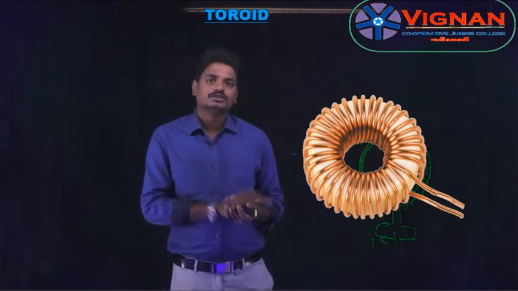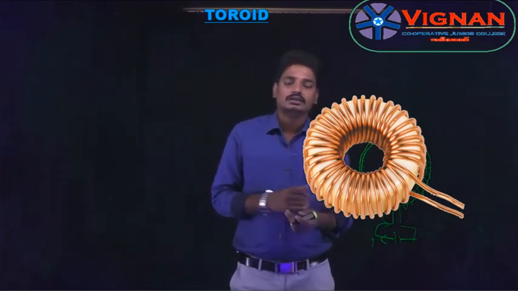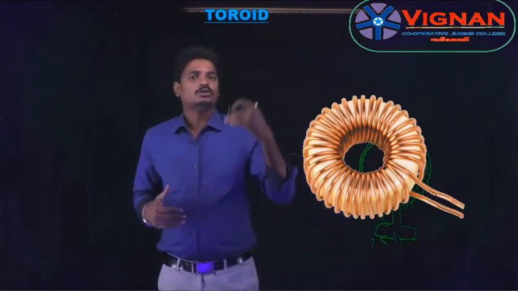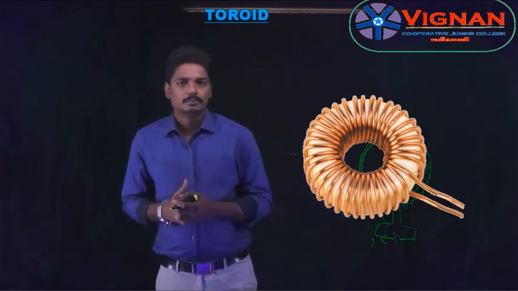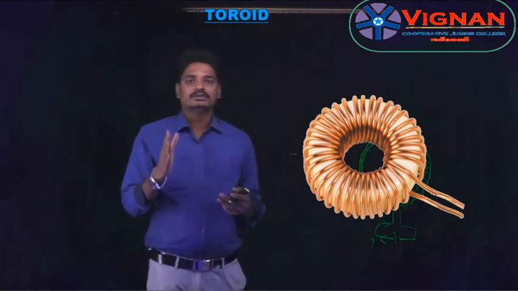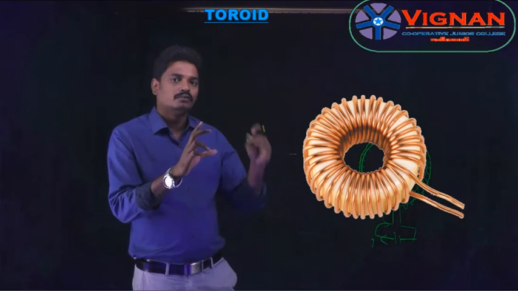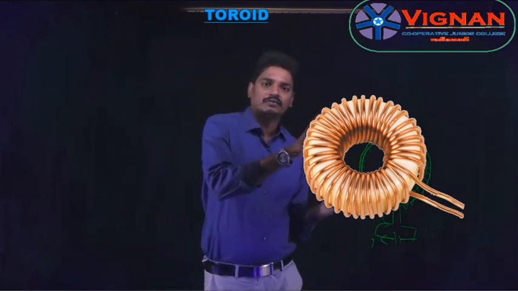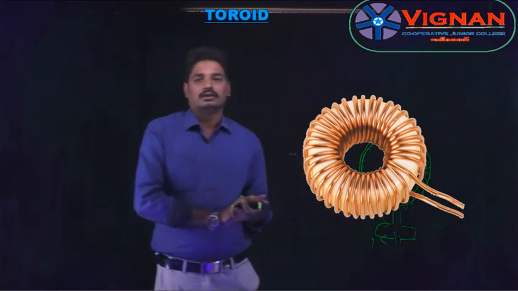In case of the solenoid, we already saw that the strength of the magnetic field outside the solenoid is 0, because outside the solenoid the magnetic field generated by one circular loop will be in the opposite direction to the magnetic field generated by the neighboring circular loop.